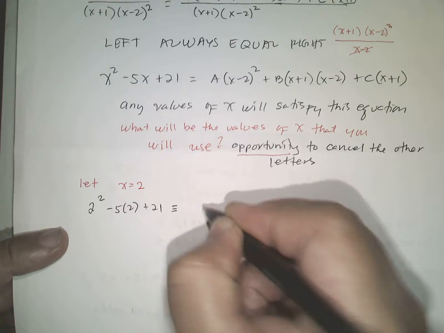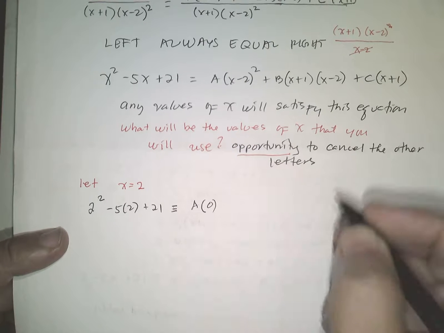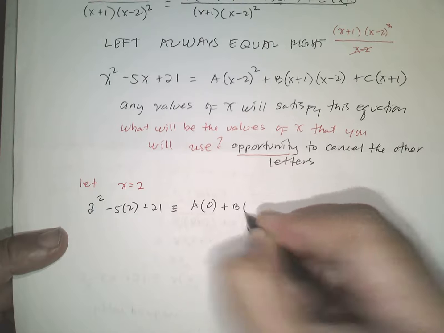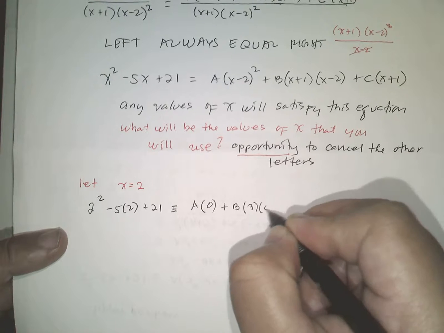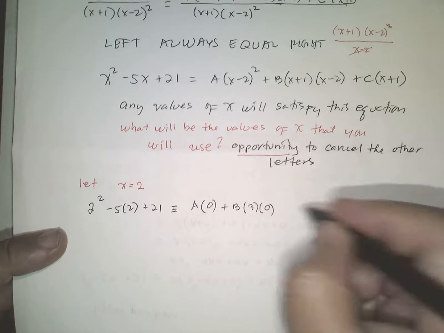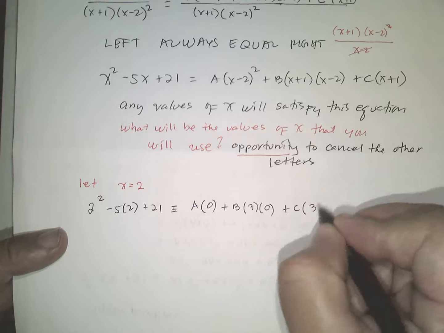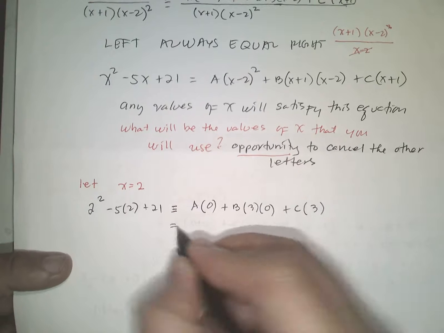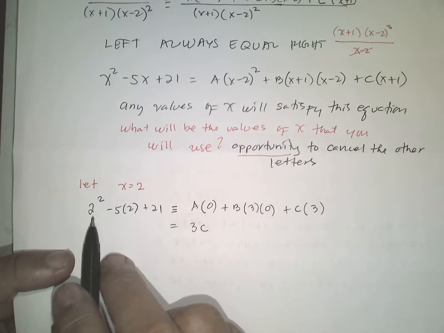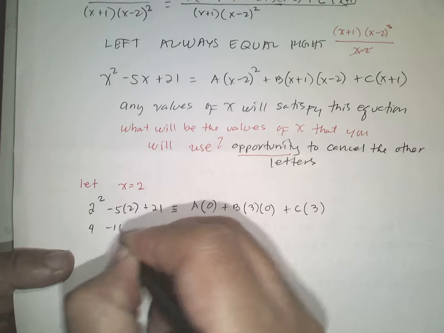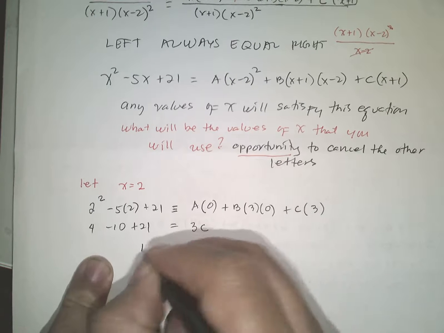And that should be equal to A times 0, plus B times, when you plug in 2, 3 times 0 again, because 2 minus 2 is 0, plus C times 2 plus 1, which is 3. So therefore, this is 0, 0, 3C, so 3C. On the left, 2 squared is 4, minus 10 plus 21, which gives you 15.